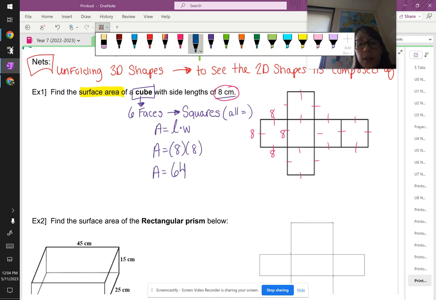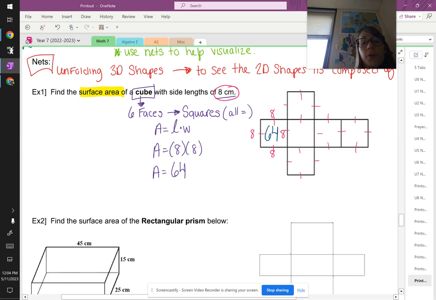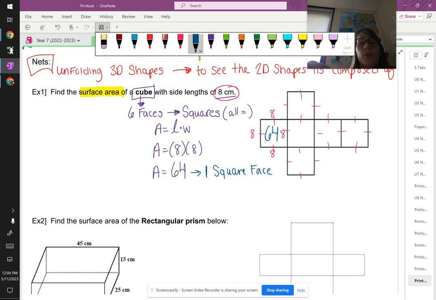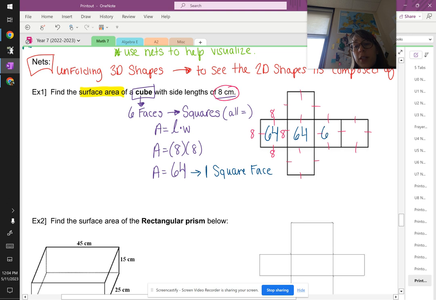Now we're not done yet, because this 64 only represents the area of one square face. And we have 6 of those square faces to account for. We know that each one of them is 64.